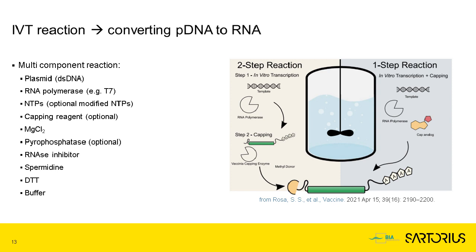As mentioned earlier, RNA for in vivo application requires 5' capping, and the cap can either be added co-transcriptionally, meaning in the IVT reaction, or post-transcriptionally, where we use enzymes to install the 5' cap. And then there are additives to the reaction which can enhance the yield.